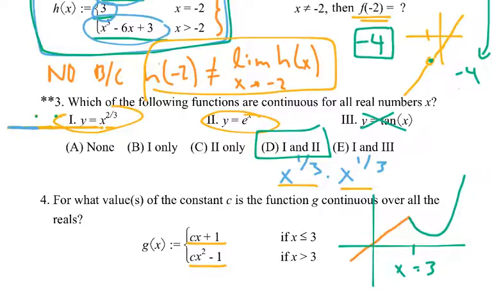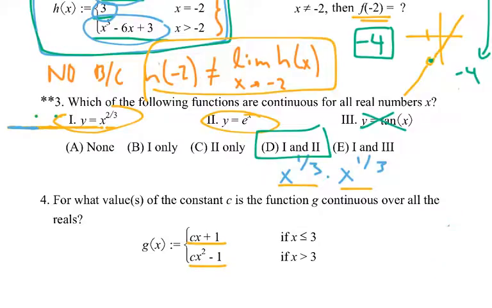So the way that we algebraically do that is by setting the equations equal to each other. So I'm going to say cx plus 1 equals cx squared minus 1. And the x value where we were trying to get them to meet up is 3.